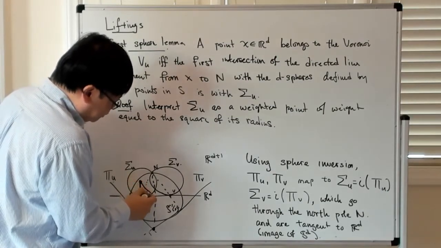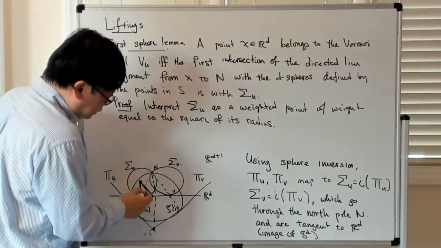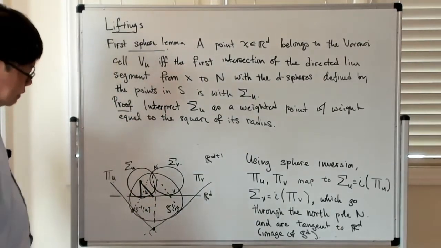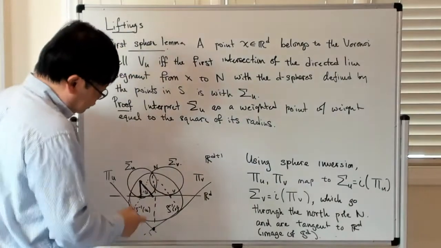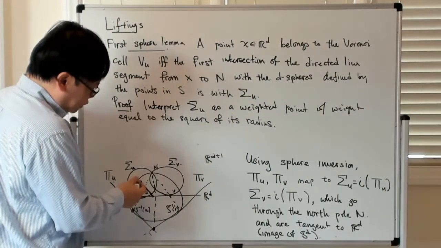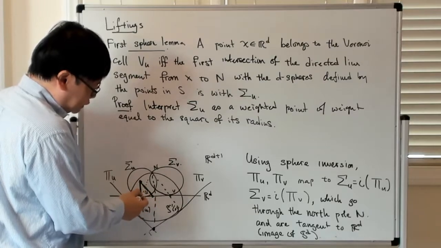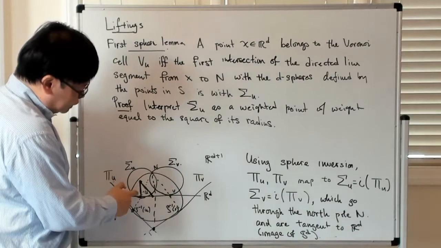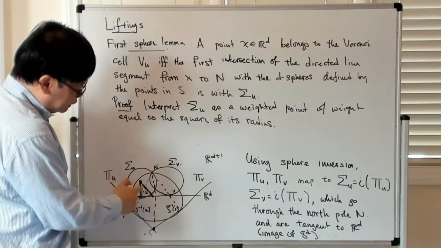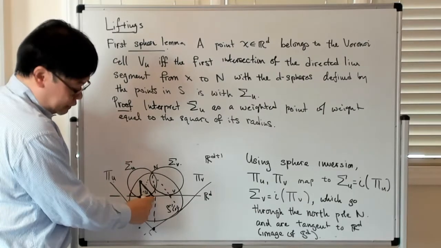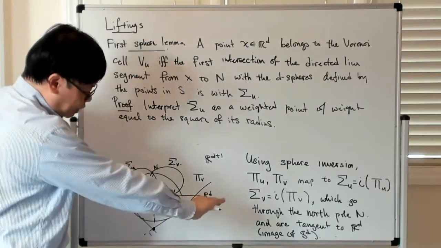The distance between the center and this point x on RD, embedded into RD plus 1, is by the Pythagoras theorem the sum of squares: I have to add the square radius of that sphere to the usual distance on RD.